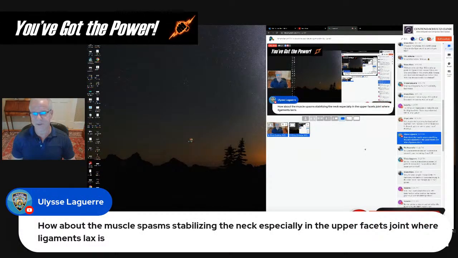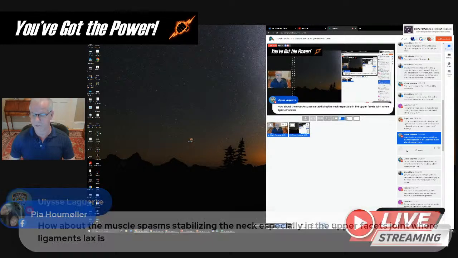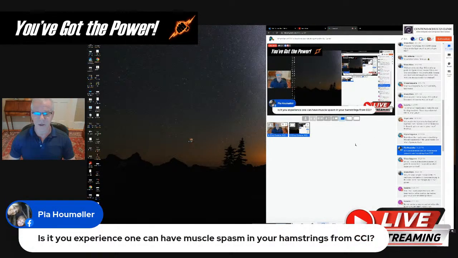Lissy, how about the muscle spasm stabilizing the neck, especially in the upper facet joints where the ligament laxity is? Definitely something that happens for sure, more in response to that instability for the most part. Pia, is it your experience you can have muscle spasm in your hamstrings from CCI? Not usually.